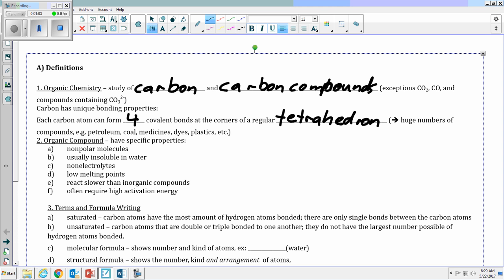It can also make flat sheets, rings, and three-dimensional structures. It has a huge variety of compounds that it can form, each with its own distinct properties, but all of them have certain similarities that separate them from what we call inorganic compounds, such as salts, for example.